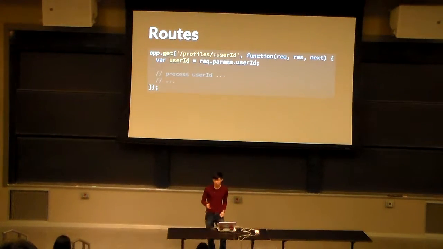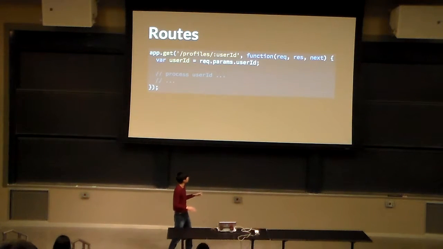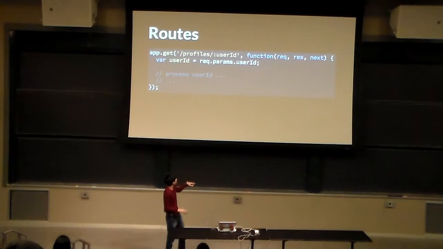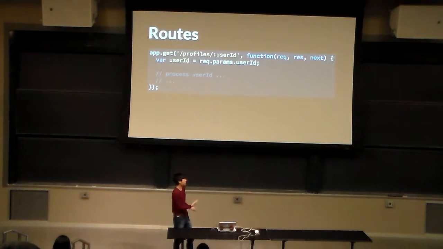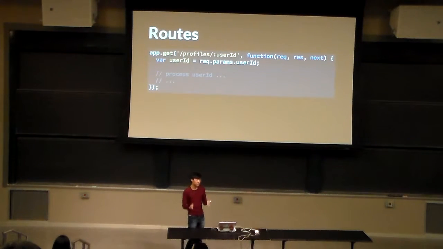So here's an example how you would do it in the Node.js framework called Express. It's not really important what's going on here. Just focus on the string /profiles/:userID. In this case, what we want to tell the framework that we're using is we want to create a route that always begins with /profiles.